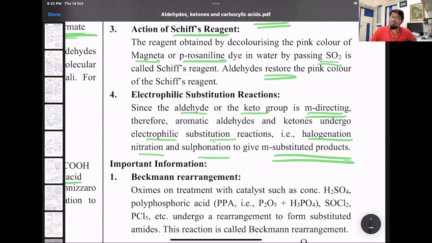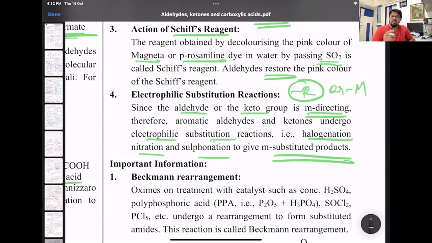Like we have meta-nitrobenzaldehyde formed on nitration. Same way with halogenation, it will form its meta compound because the CHO group has a minus R effect. Aromatic aldehydes and aromatic ketones both show minus R effect, that is, minus M effect, negative mesomerism, negative resonance, meta directing.